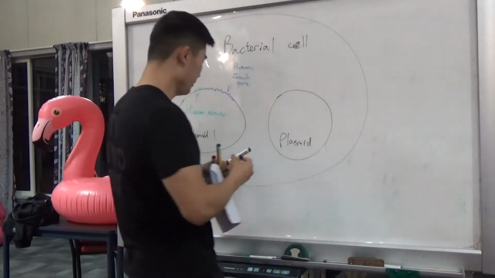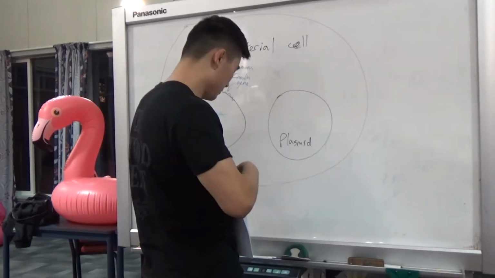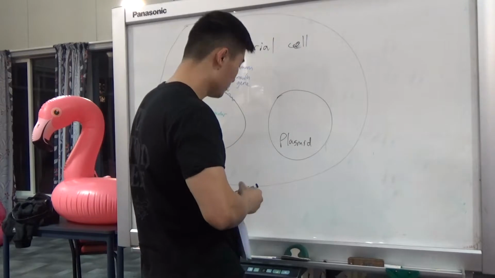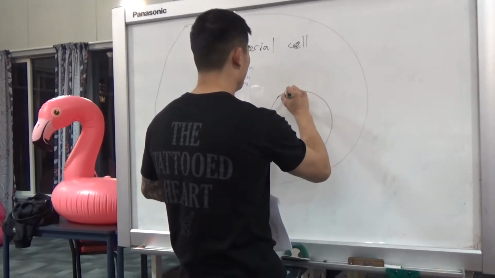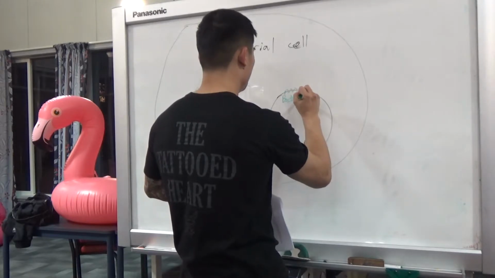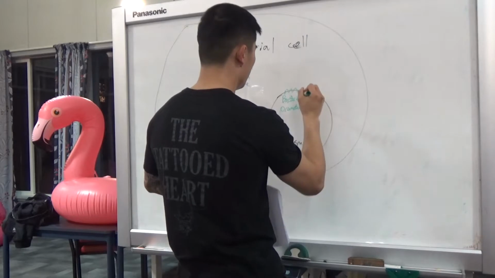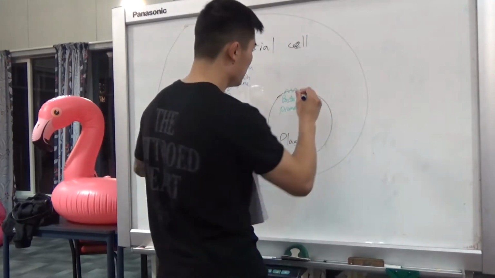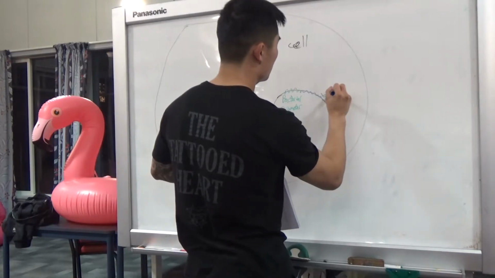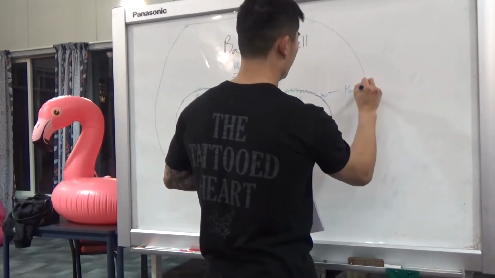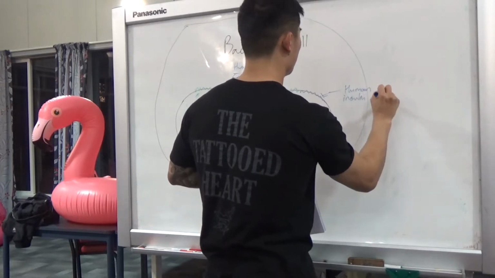On plasmid 2, you've got a bacterial promoter, and you've got the human insulin gene.